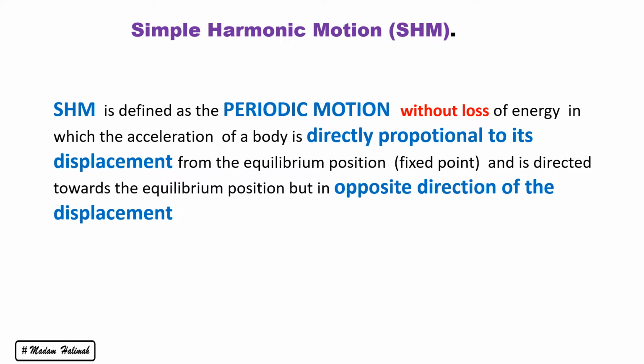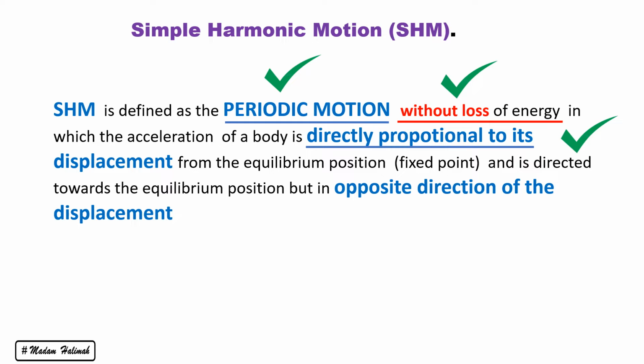So what is simple harmonic motion, SHM? Simple harmonic motion is defined as the periodic motion without loss of energy in which the acceleration of a body is directly proportional to its displacement from the equilibrium position, which is a fixed point, and is directed towards the equilibrium position but in the opposite direction of the displacement.